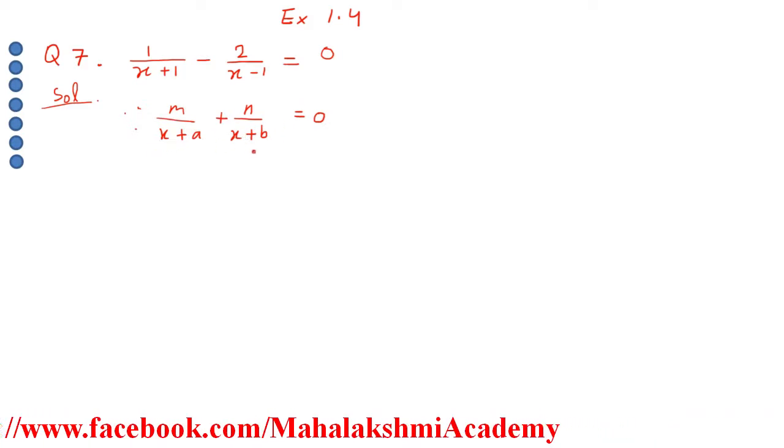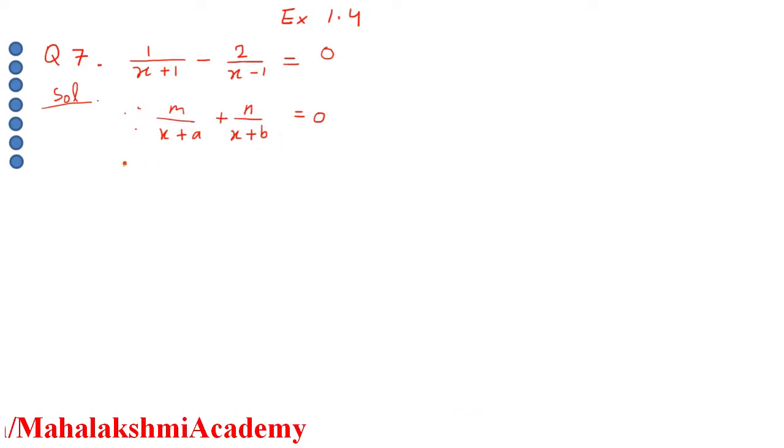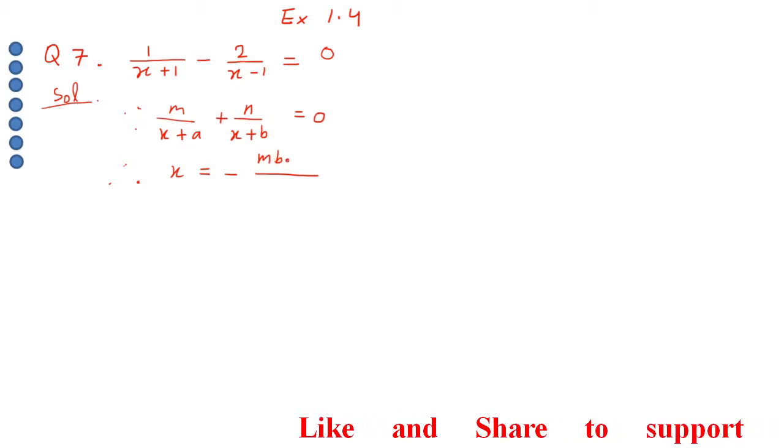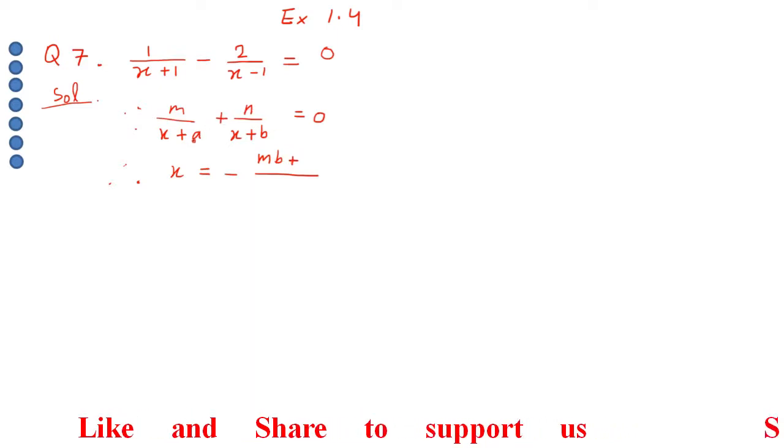So if an equation is of this type, then its solution: the value of x is going to be minus sign first, then you have to cross multiply. So m will go with b. So here what will come? m b, then plus, then n will go with a.